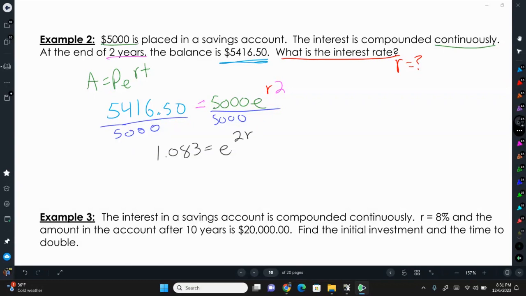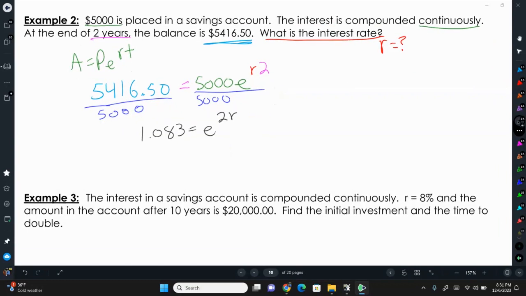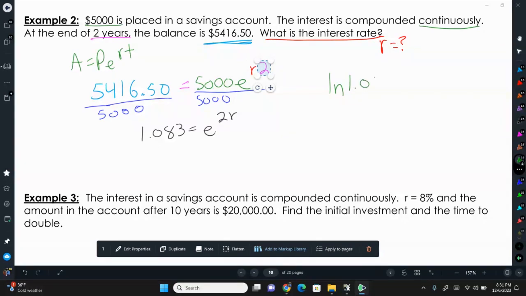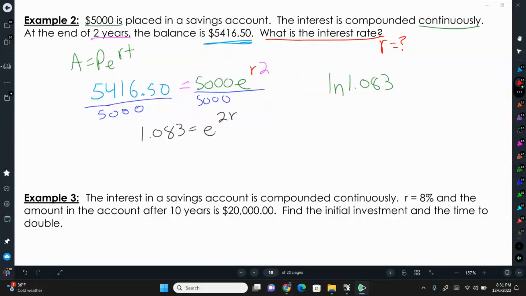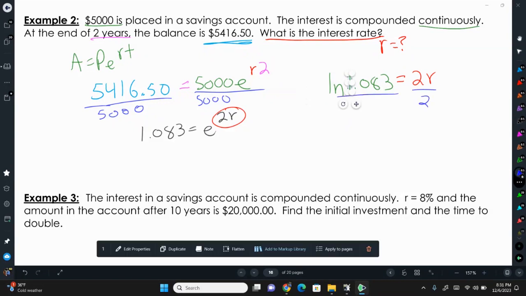Now we're going to change this to log form. So in log form, it's going to be log base e, which is the natural log of 1.083. Now here's the difference with some of the problems above. Our exponent is 2r. So we then divide both sides by 2.